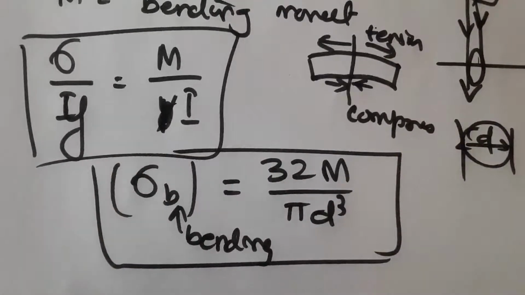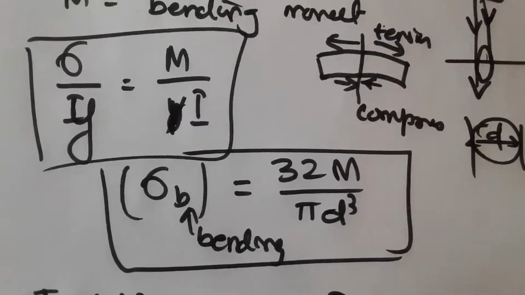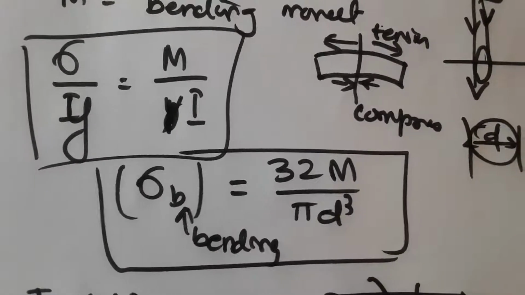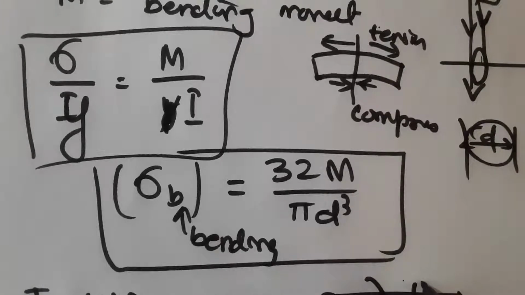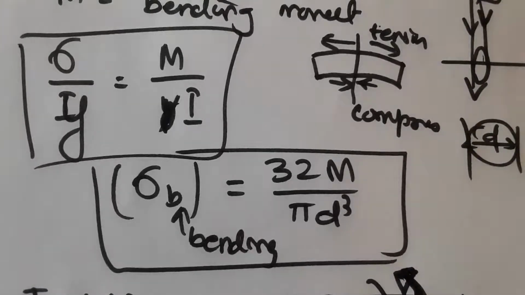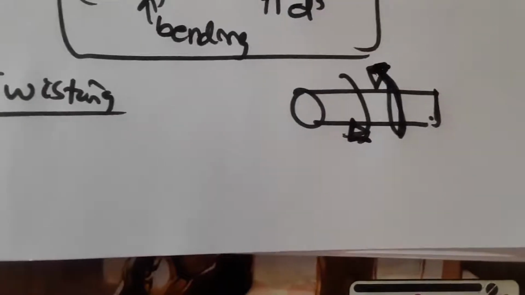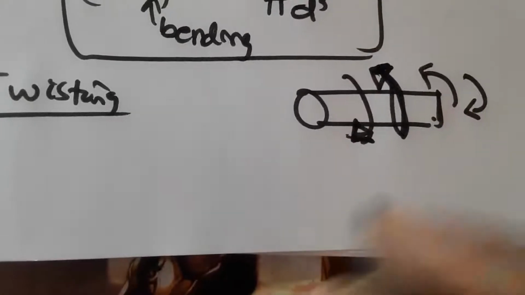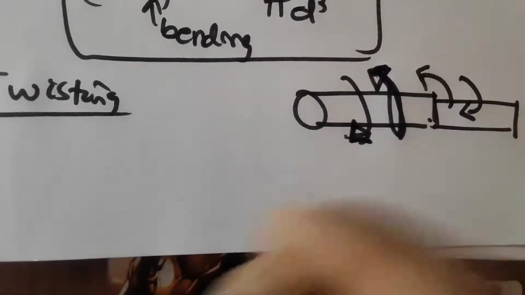And for twisting, the shaft is subjected to torsion. Let's say this is the shaft and it is subjected to a torsional moment, this way on one side and the other way on the other side.